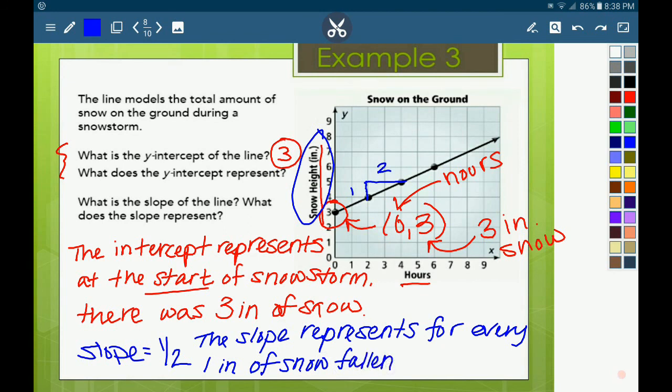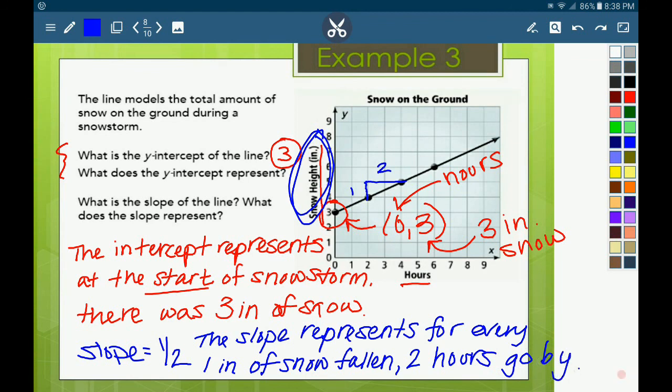Okay, because that's what the rise is. It's the title of the y. Okay, so I referenced the snow fallen, the inches of snow fallen. So the slope represents for every 1 inch of snow fallen that 2 hours go by.